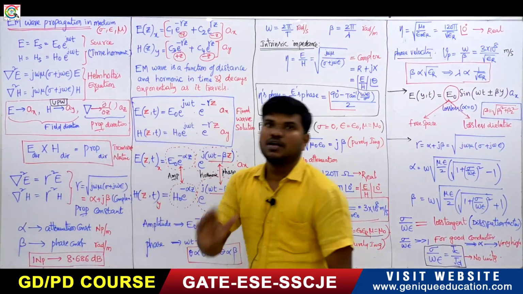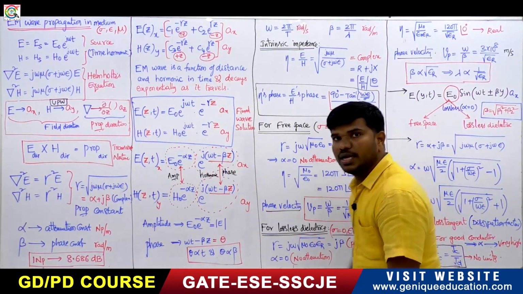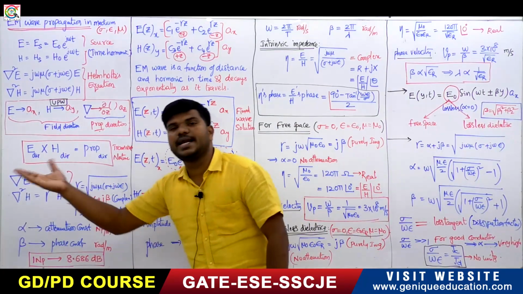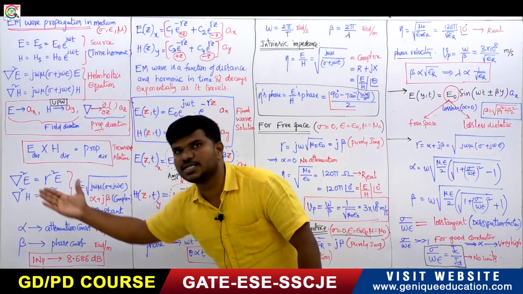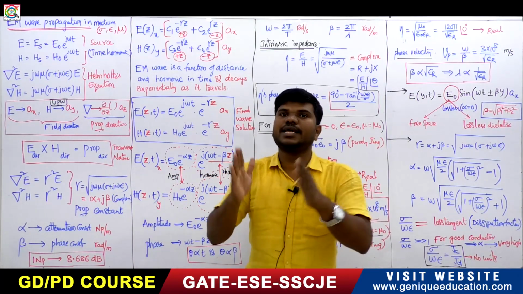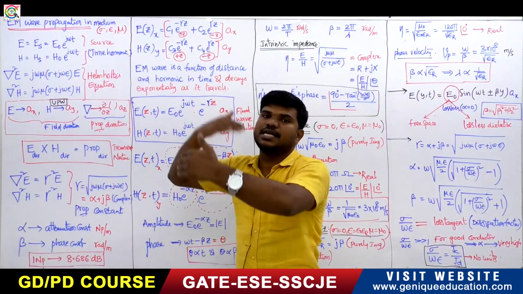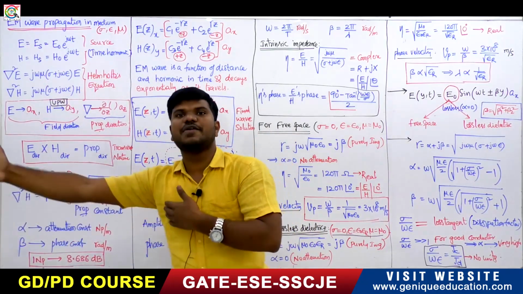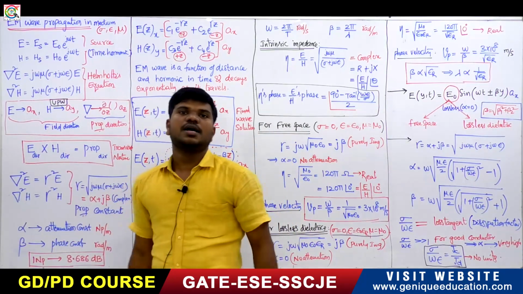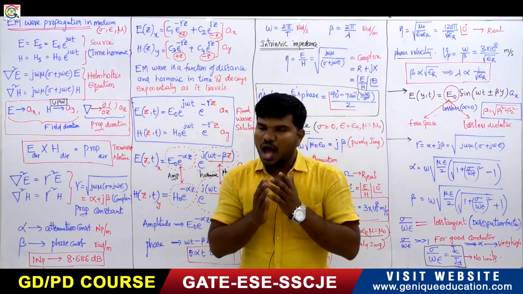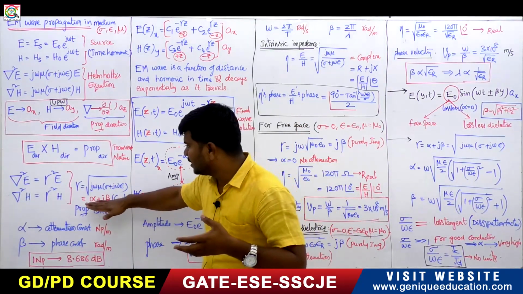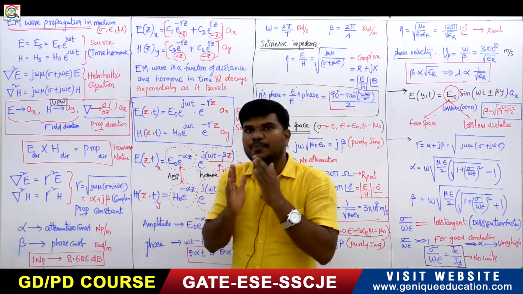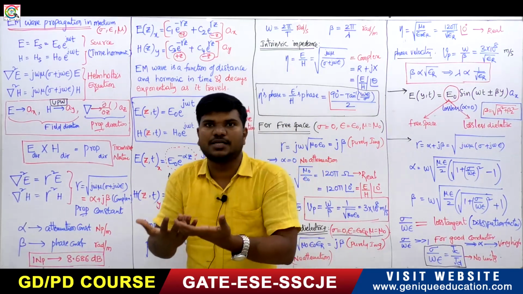Beta is called the phase constant. The units of the phase constant are radians per meter, phase per distance, whereas here it is attenuation per distance. How it is attenuating, and how it is gaining some phase as the wave is moving forward in the z direction or x direction or y direction. So what does the propagation constant represent?